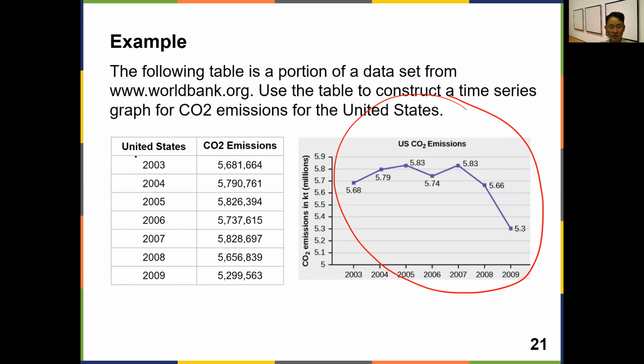This is different years right there. This is different amount, and they got these points. Once you get these points, you again connect with the straight line to get the time series graph, just to see the general trend, right? Okay, so that's it for this chapter.